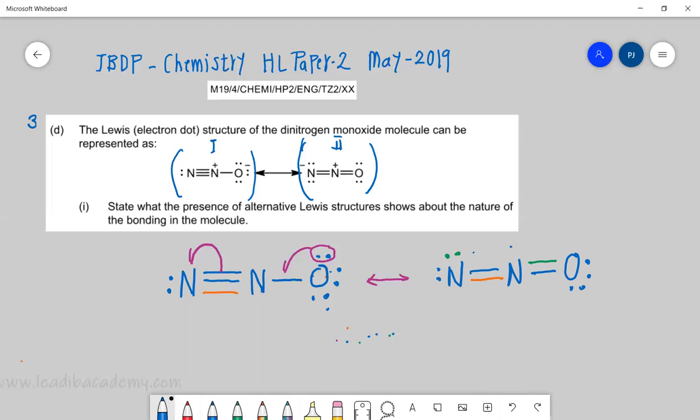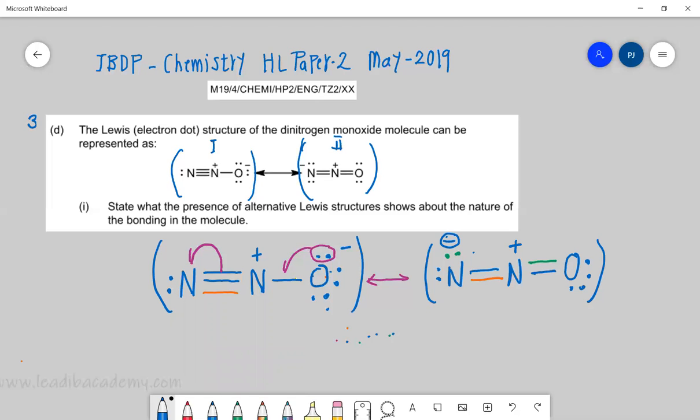Okay, this continues to have this. Now the negative charge has shifted here. Okay, while here earlier the negative charge was here.